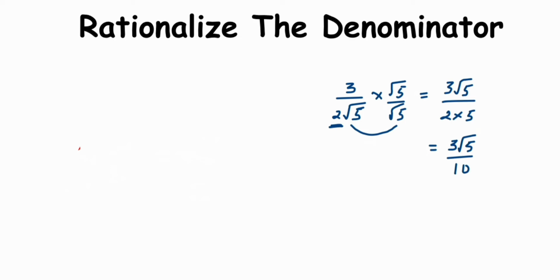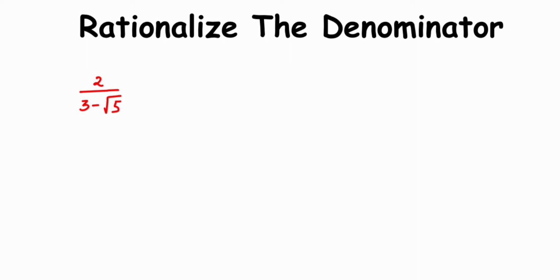Now here I'm going to take 2 terms in the denominator. Suppose I have 2 upon 3 minus root 5, that will be better. Now if you observe, here I have 2 terms, so how to solve this one? It's very simple.